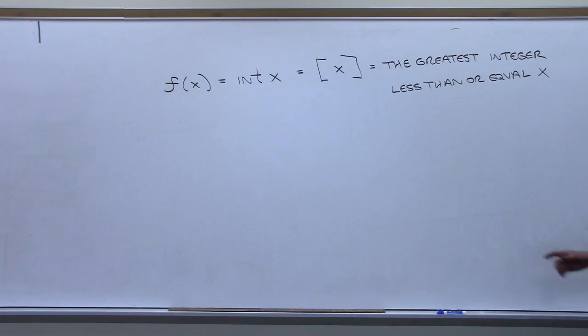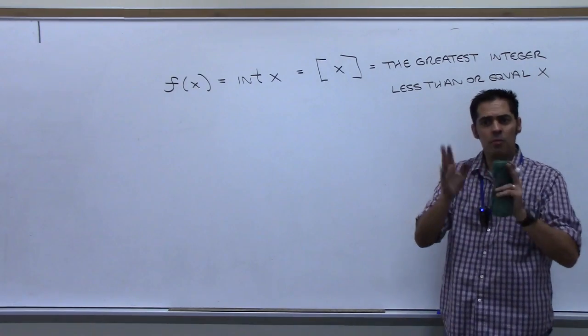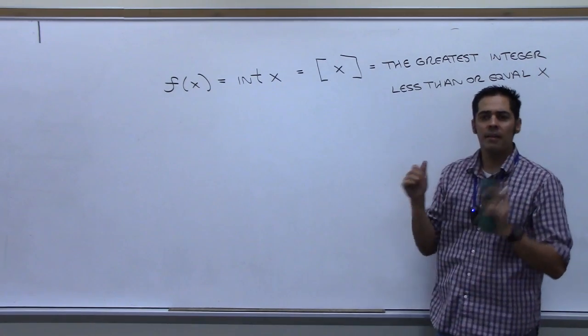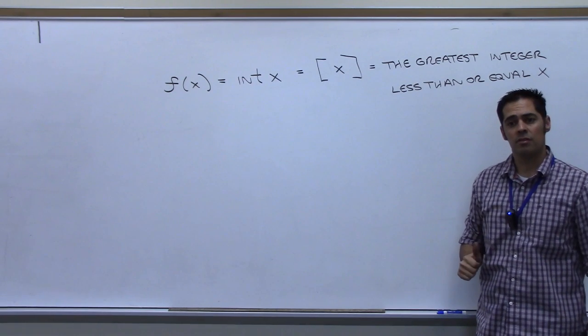I've also seen in some books a double bracket, but it means the greatest integer less than or equal to x. So you know how the absolute value, we kind of know what that means? When you see the bracket, you need to know it's referring to this function.